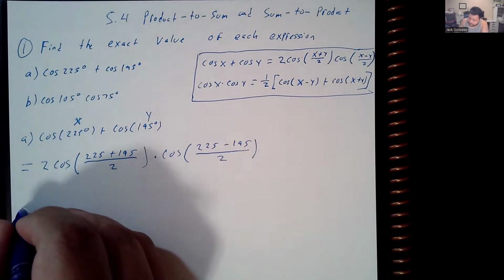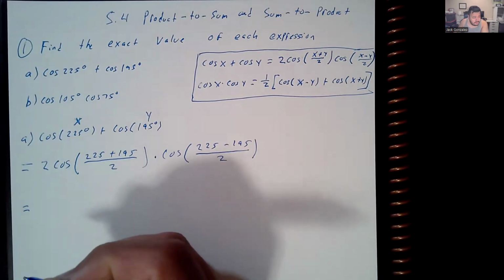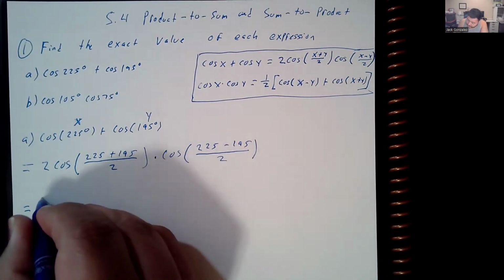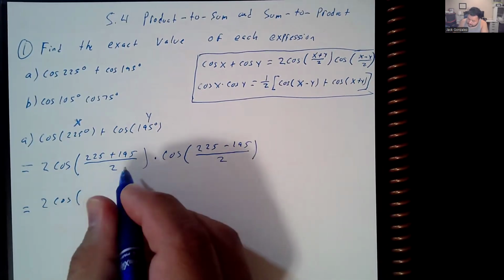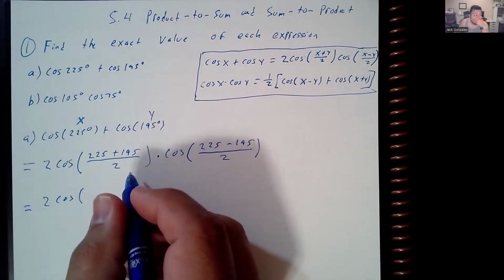Okay, let's add those up and we're going to get 2 cosine of 225 plus 195.